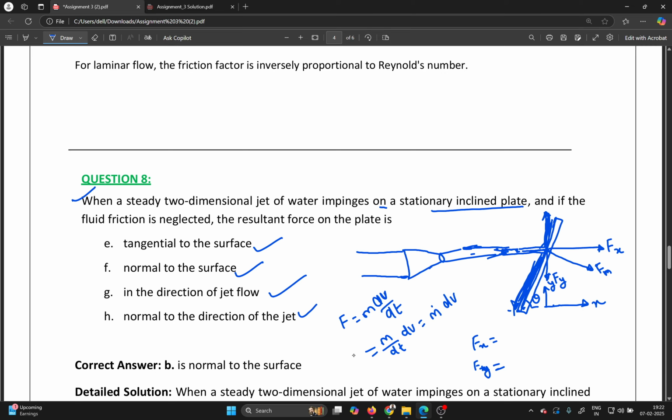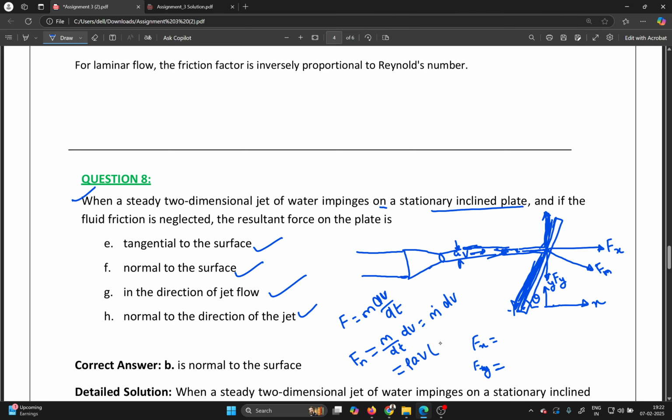How will you calculate this normal part? That is the complete force. What is your mass rate? Mass rate is nothing but m dot, that is rho A V, where V is the velocity and A is the area of your jet. And what is the change in velocity?